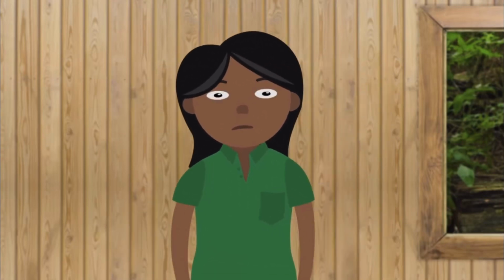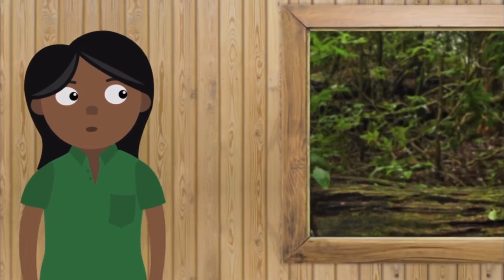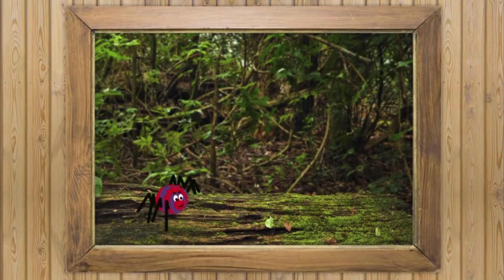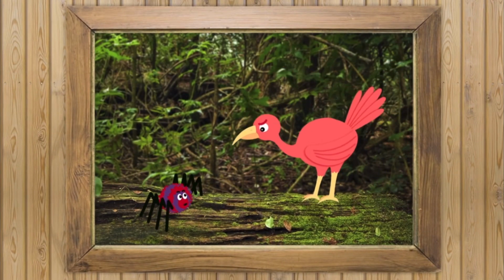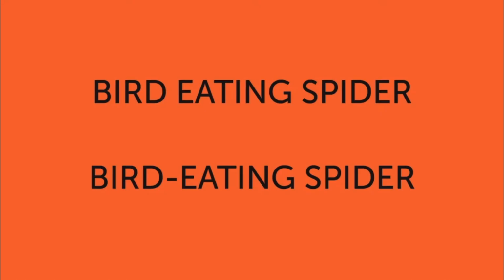The zookeeper has to put one of these signs up for her latest zoo exhibit. She has a dilemma. Which one should she choose? How are they different? Read them carefully.